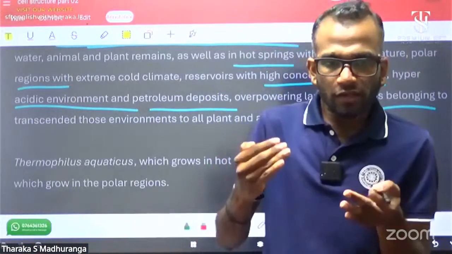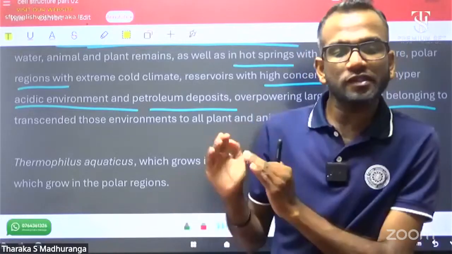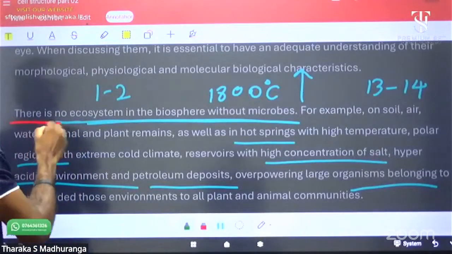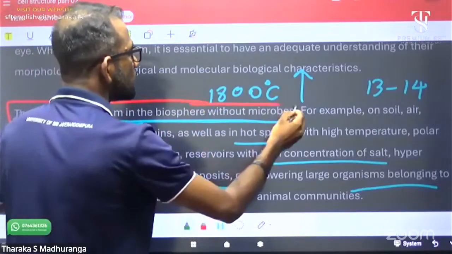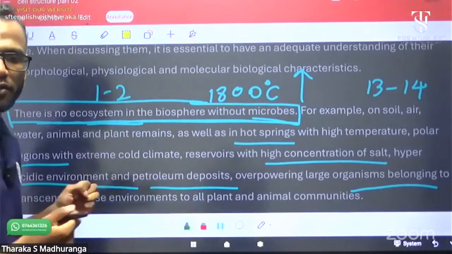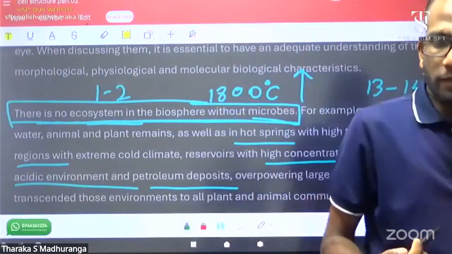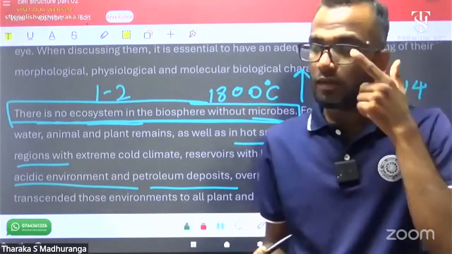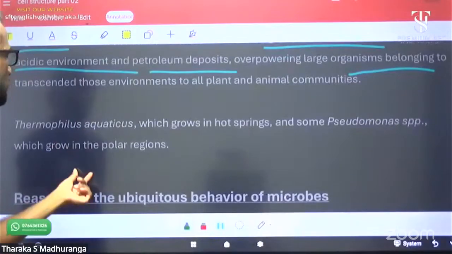Microorganisms are living even in areas where normal organisms cannot live. That's why I told you, there are no ecosystems in the biosphere without microbes. Microorganisms are in all ecosystems in the biosphere, right? All ecosystems, not only normal environments.